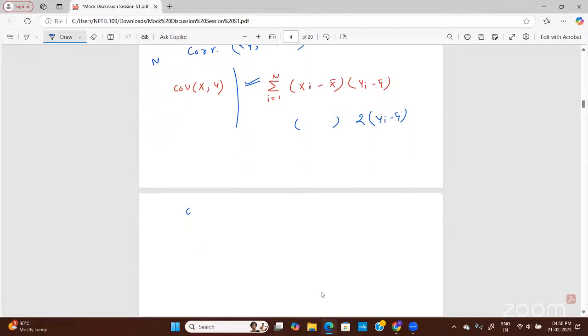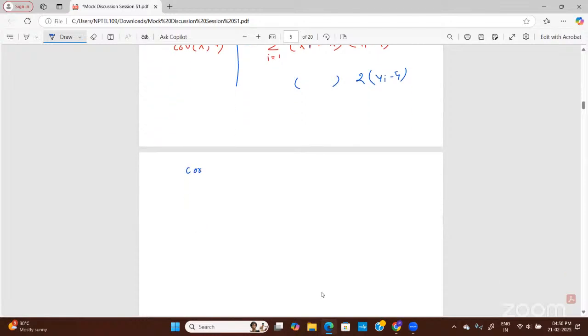So the formula for correlation becomes the sum of xi minus x bar times yi minus y bar, divided by the square root of the sum of xi minus x bar squared times the square root of the sum of yi minus y bar squared.